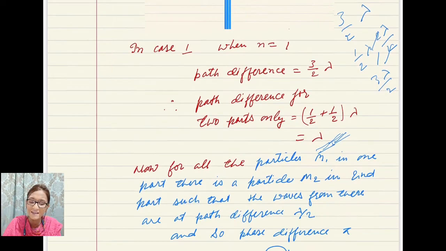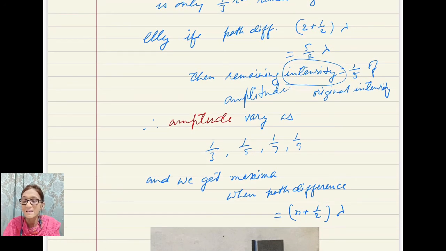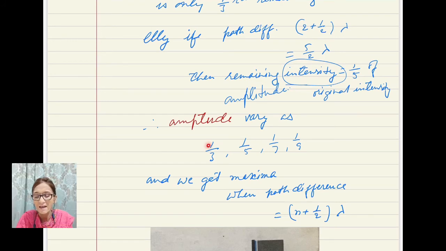Simply you can say intensity will reduce if amplitude reduces to 1 by 5th. Intensity will be reduced by the square of this. So intensity is reduced by a large amount. For the second maxima, for the third maxima, you will find the intensity of light goes down.